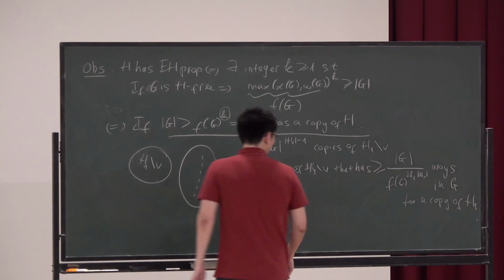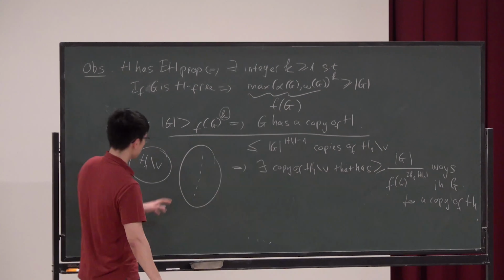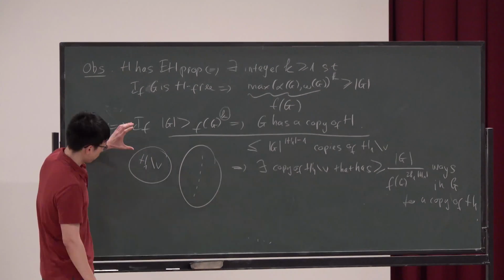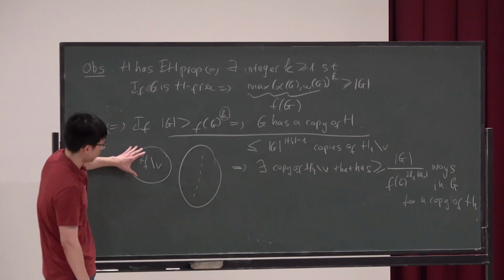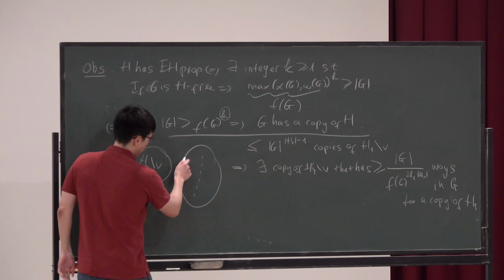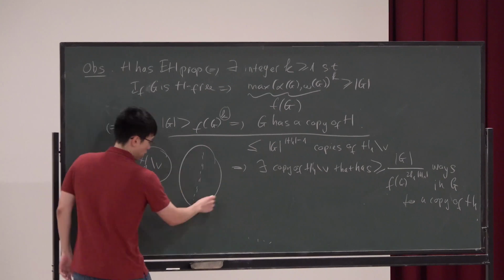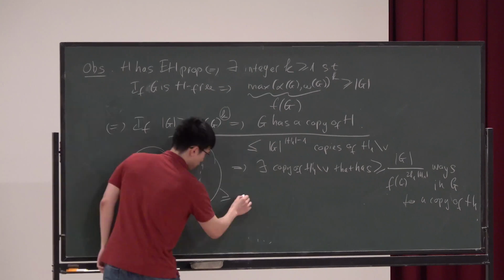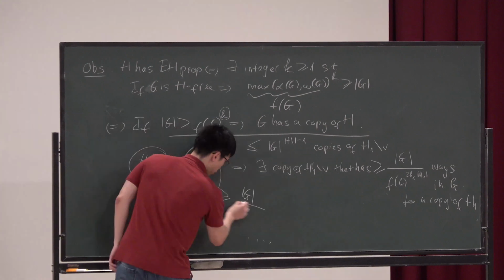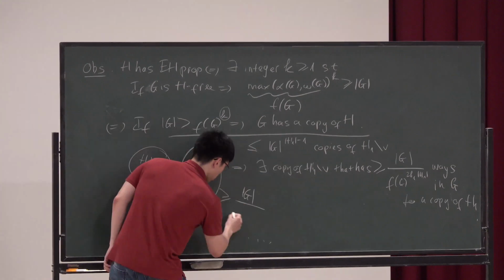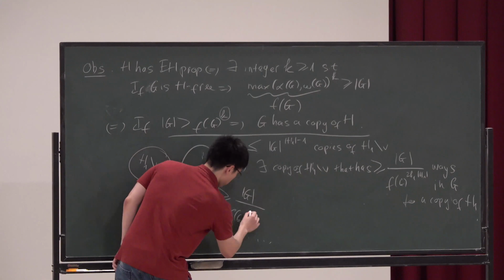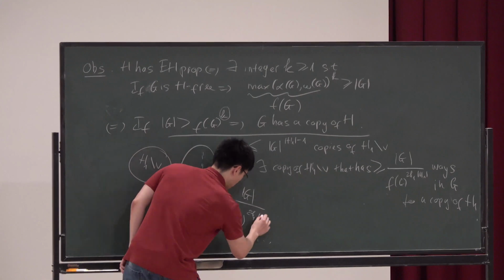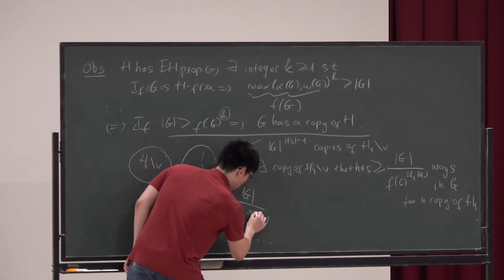Yeah, so at least what I can say is there has to be a copy of H1 minus V for which this set of vertices, I mean the set of candidates for V, has size at least |G| divided by |G| raised to the power of 2k1 times |H1|. All right.